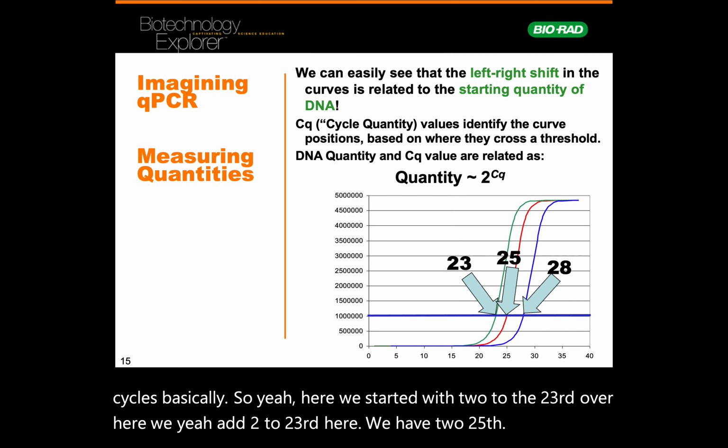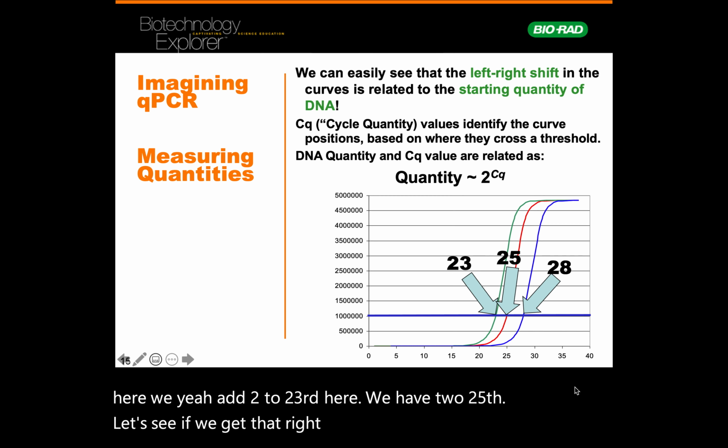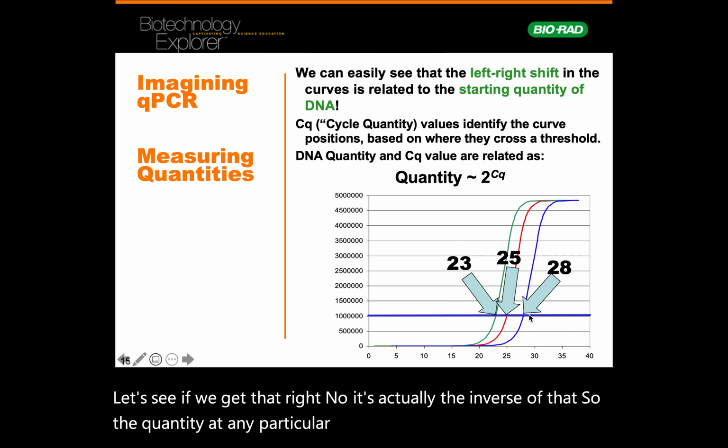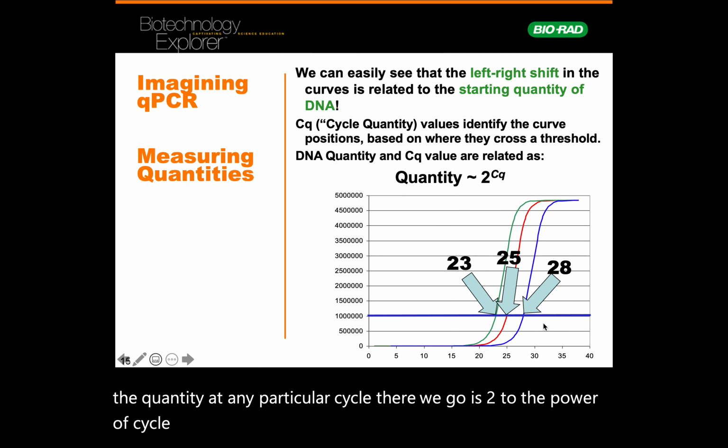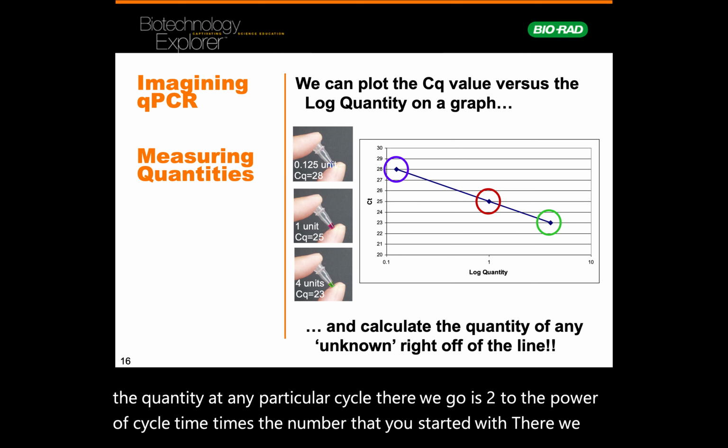Let's see, did we get that right? No, it's actually the inverse of that. So the quantity at any particular cycle is 2 to the power of cycle time times the number that you started with. Sorry, I had that backwards at first.